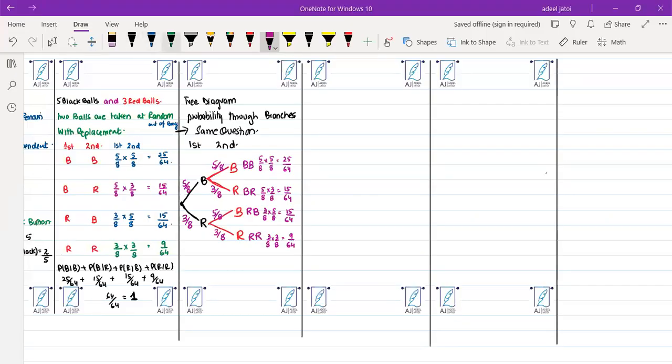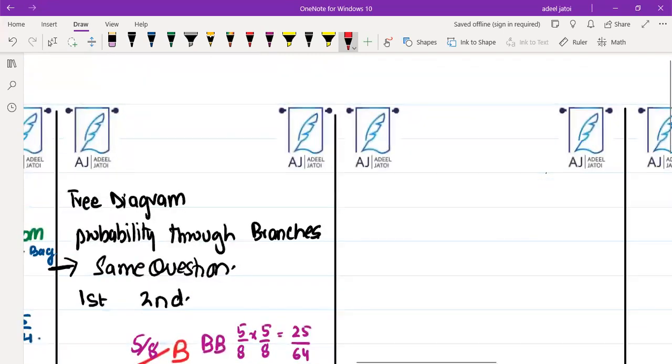Okay, moving further. Now let's say that we have 5 black balls and 3 red balls. But the question is of without replacement. Just writing it down. 5 black balls and 3 red balls.